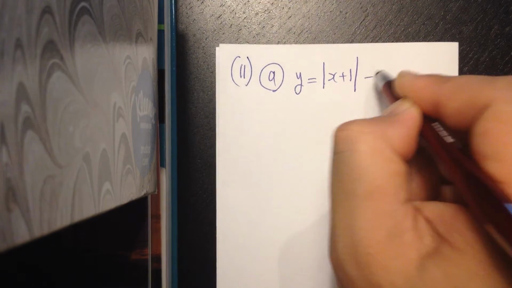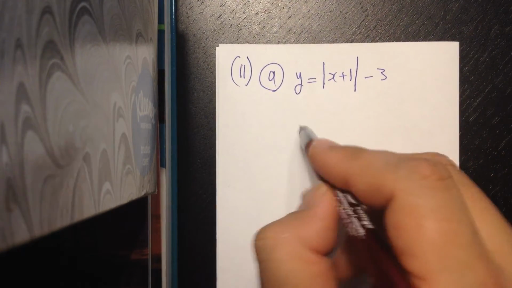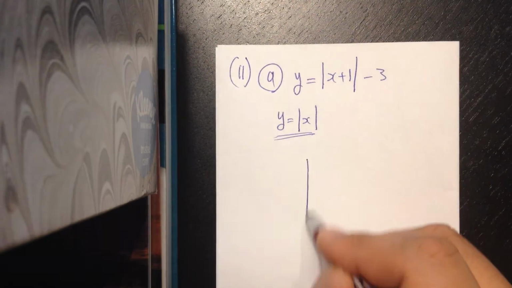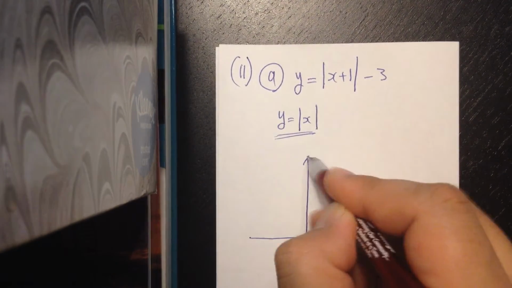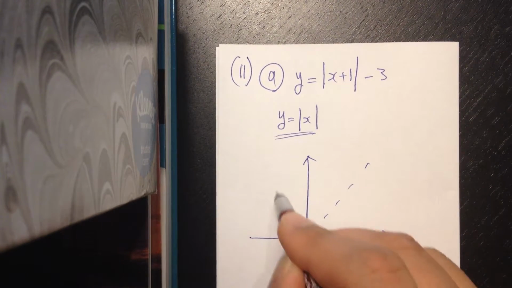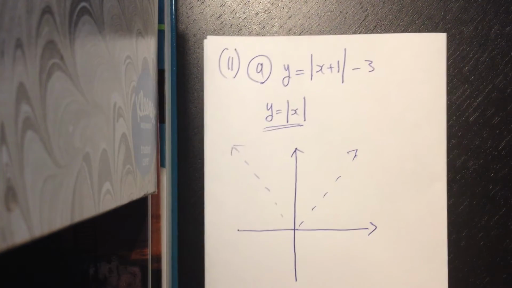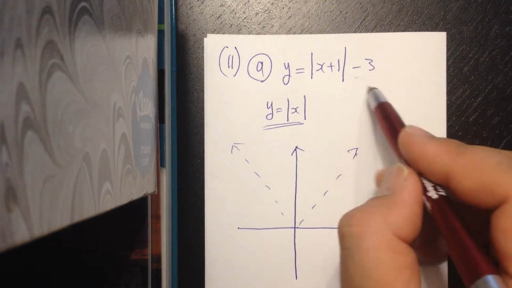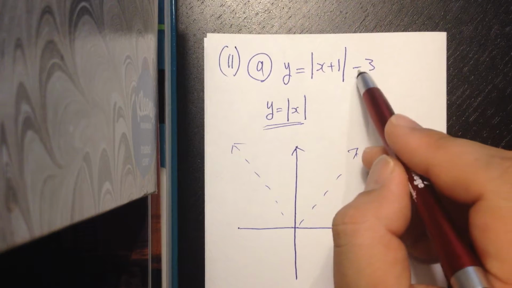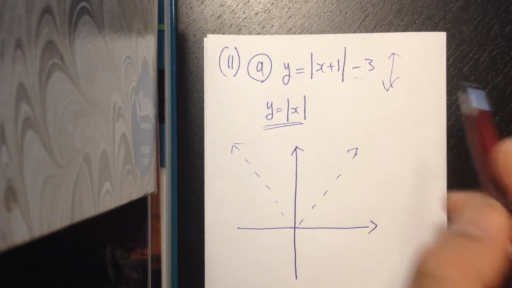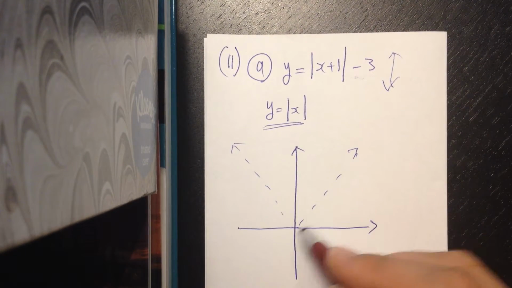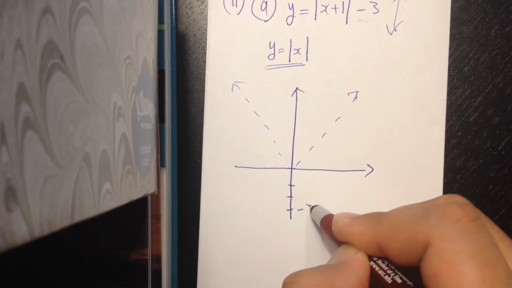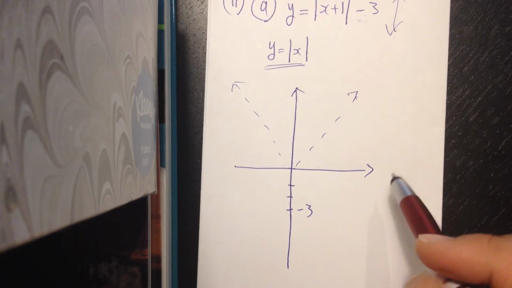We all know, I think we briefly talked about this. You first have to understand this guy, which is nothing but a V shape, something like this. Now, from this point, we know -3. I think I already mentioned what -3 represents. That means either you bring it up or bring it down. So we're going to bring it down, the entire function, by how many units? -3 units, right?